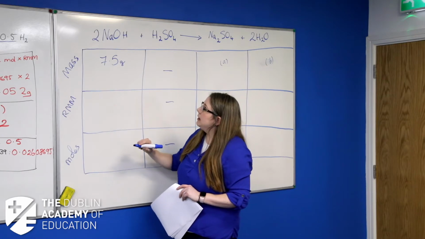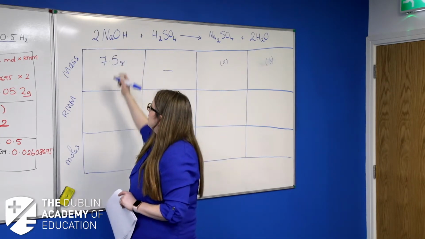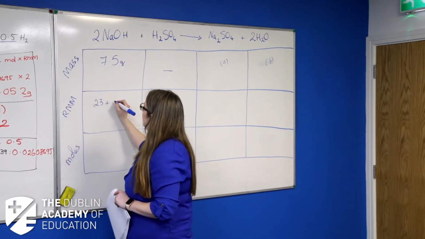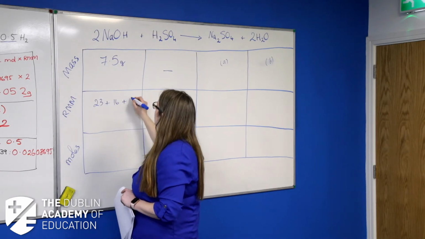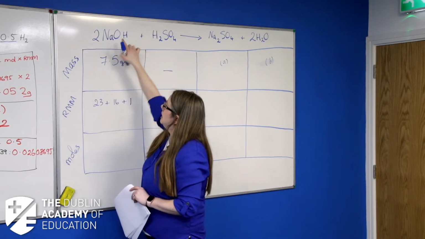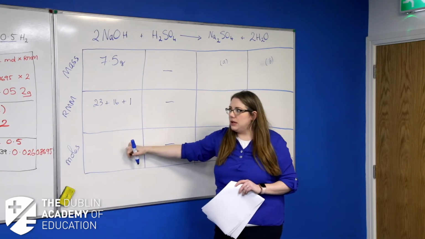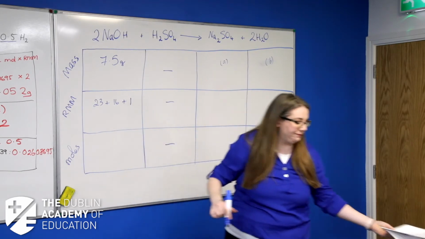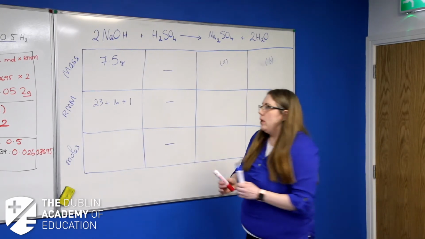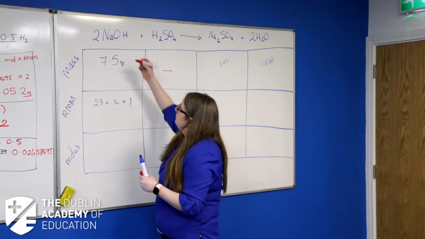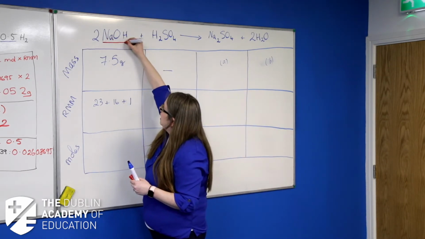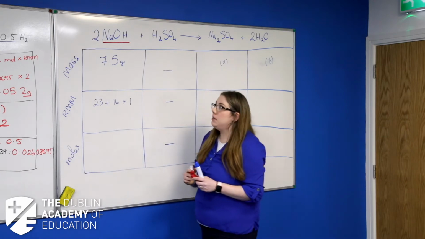So first, work out the RMM. So the RMM for sodium hydroxide is 23 plus 16 plus 1. Now, something from the balanced equation, and this comes up every year. When you are working out the RMM, you are only working out the RMM of the molecule.